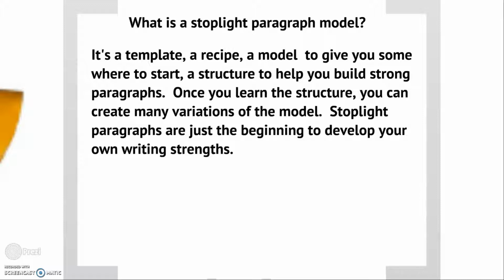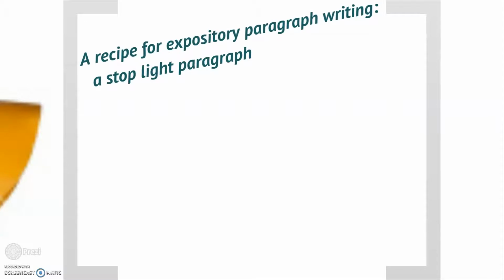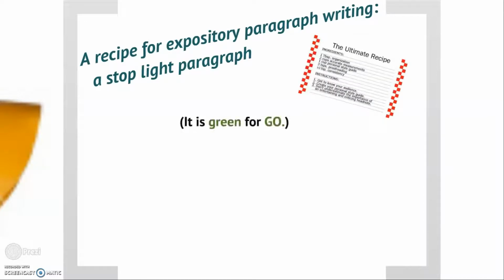Once you learn the structure, you create variations of the model, but it's a good way to develop your writing skills that I think we need based on what we're writing in this class. So these paragraphs are for any kind of expository writing. Obviously, we're focused on analytical, but there are times where we will be evaluative as well, though most of it is going to be analytical. So what you frame is this three-point structure: the claim, data, warrant.